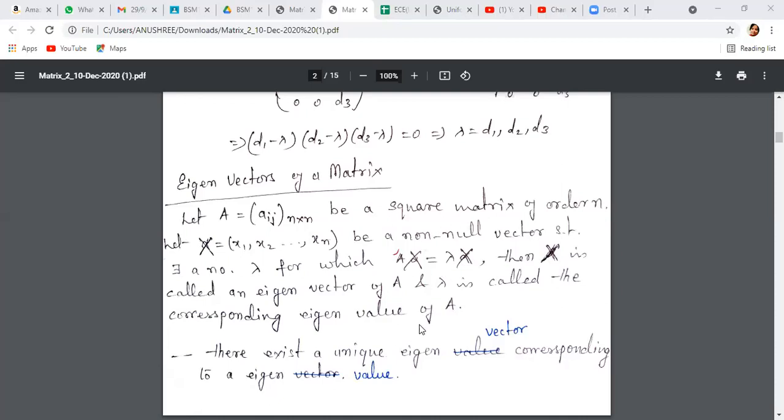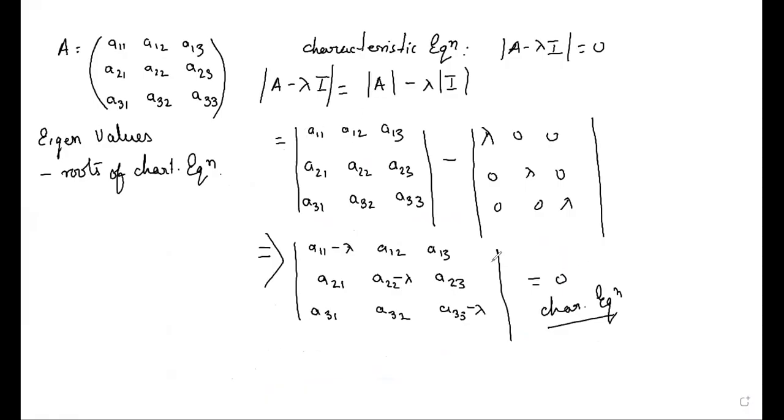The eigenvector will always correspond to an eigenvalue. These are the values of lambda over here: whatever values of lambda we get, say lambda 1, lambda 2, lambda 3. Three values of lambda we will get, since we are getting a third degree equation, a cubic equation, so three values of lambda come out as roots. These are the eigenvalues. Now what is the eigenvector?